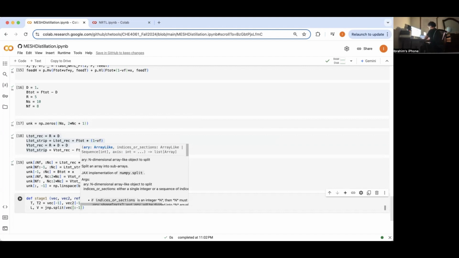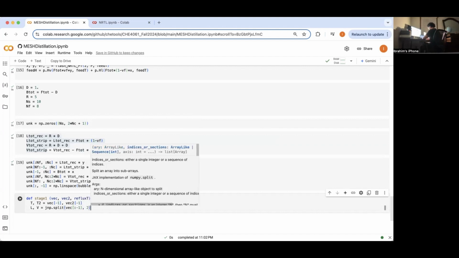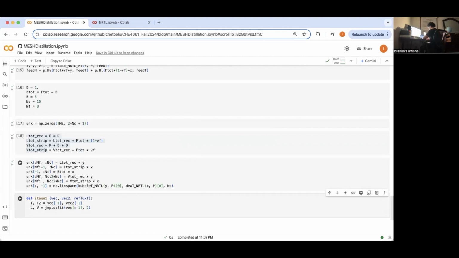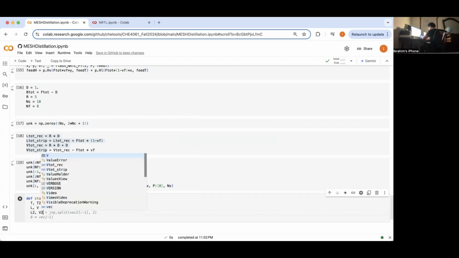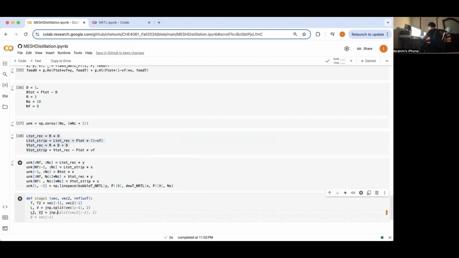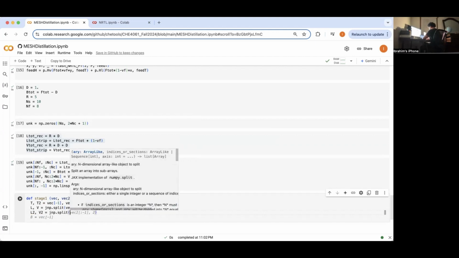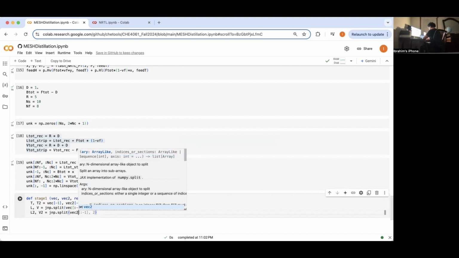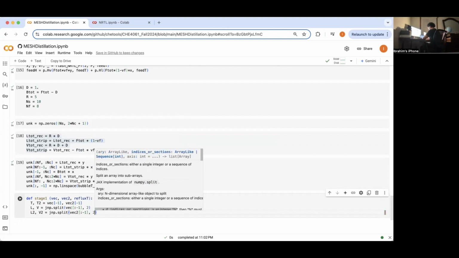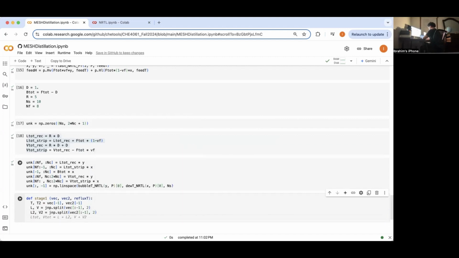Correct, yeah. Okay, and then comma 2. And then we're going to want to be setting L2 and V2. Again, we're going to be using our split function, and for this we're going to be using our vector 2 and doing the same thing here. So -1, comma 2.